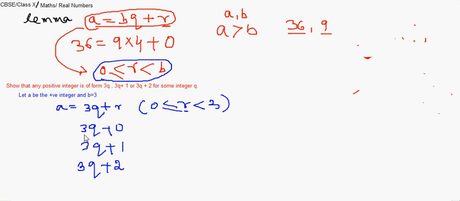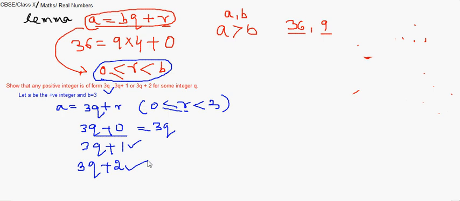In all the cases, B remains 3. So this is how we can prove that any positive integer can be of the form 3q. If it is 3q plus 0, that is actually equivalent to 3q, or it can be 3q plus 1 or 3q plus 2.